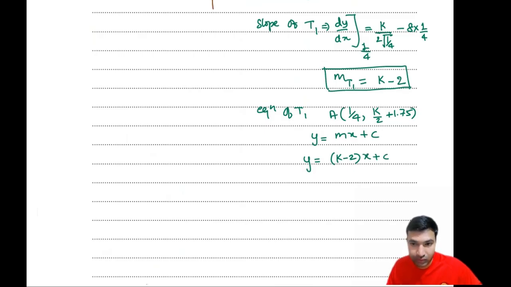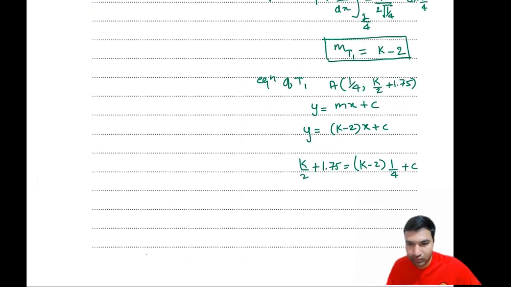And now finding the value of c, I could quickly write when y is k by 2 plus 1.75, we have k minus 2, x is 1 by 4 plus c. So we get k by 2 plus 1.75 equal to k over 4 minus 1 over 2 plus c.